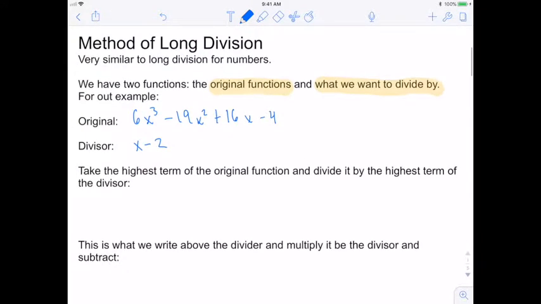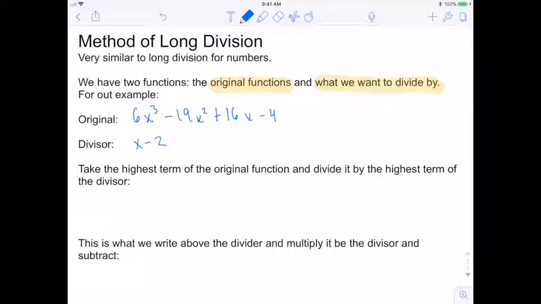Once we know what these terms are, the division itself is pretty easy. The first step is we take the highest term of the original function, so that's 6x cubed, and we divide it by the highest term of the divisor, which is x.